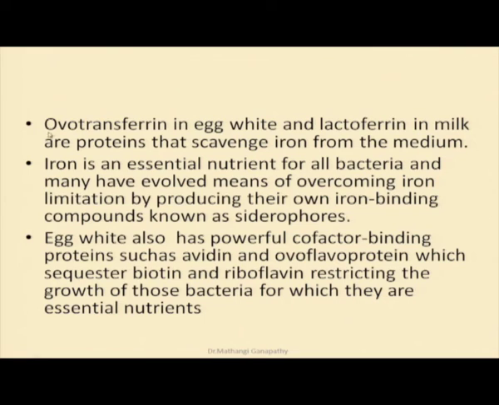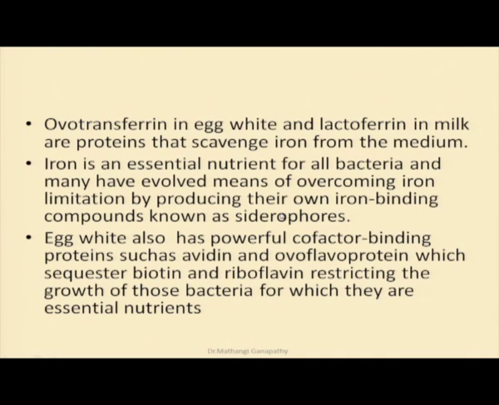Likewise, you have the ovotransferrin in egg white and the lactoferrin in milk, which are proteins which can scavenge iron from the medium. And iron is absolutely essential for all organisms. If iron cannot be obtained from the nutrient medium, the organism would have evolved to overcome the limitation by producing their own iron binding compounds, which are called siderophores.